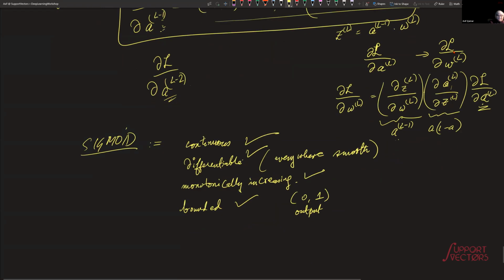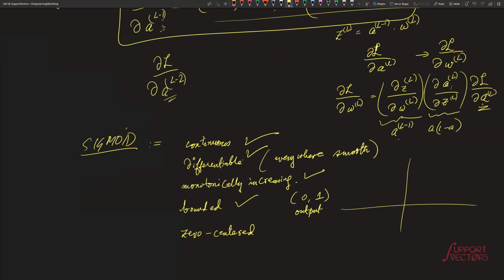Now comes the question: is it zero-centered? Does it produce both negative and positive values? Look at this, sigmoid of Z. This is Z. Does it produce negative values ever?